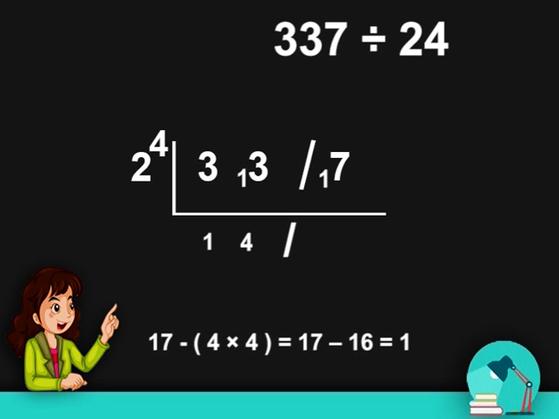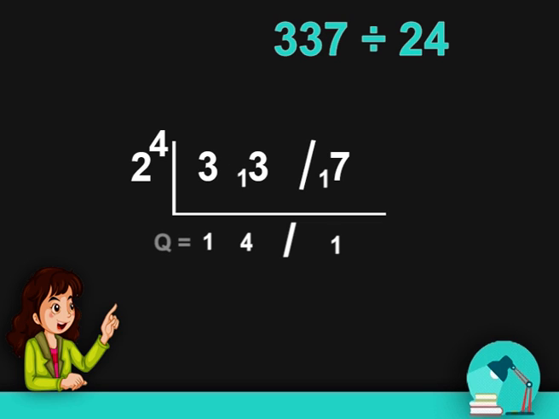In the remainder position, subtract the product of previous quotient digit and the flag digit. 4 multiplied by 4, 16, is subtracted from 17, gives us 1. When 337 is divided by 24 by the on the top of the flag method, we will get 14 as quotient and 1 as remainder.